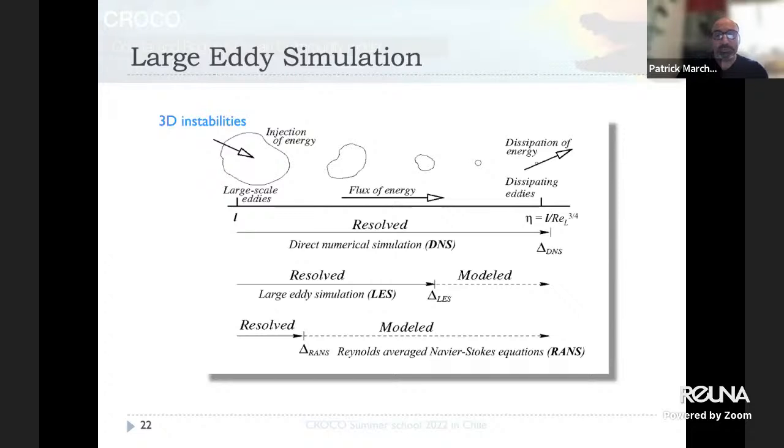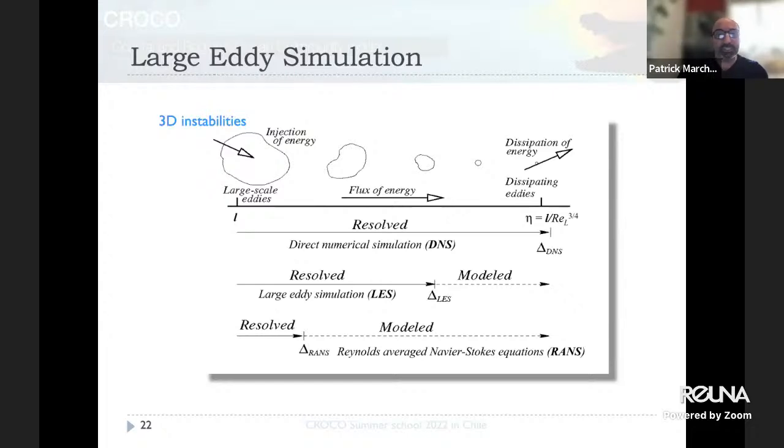So if you have a resolution that is very high in the range of the dissipation, then your model is a DNS model, direct numerical simulation. You resolve everything. If you resolve only the large-scale eddies and you let the rest go, you are in LES modeling.